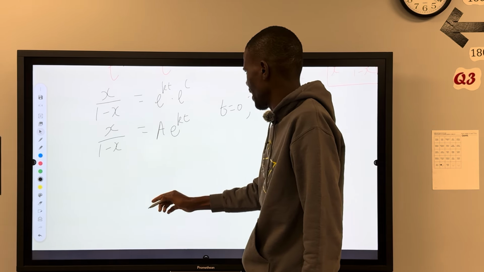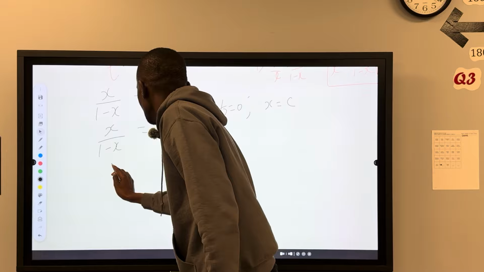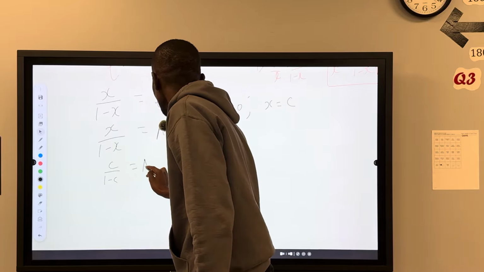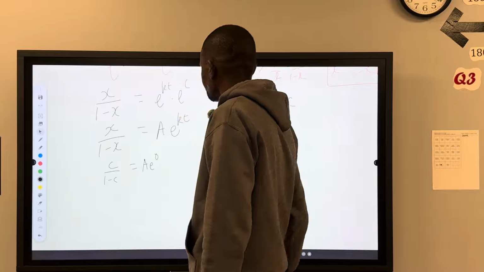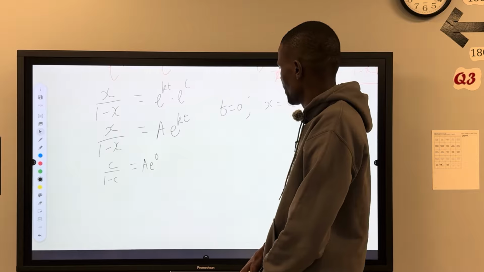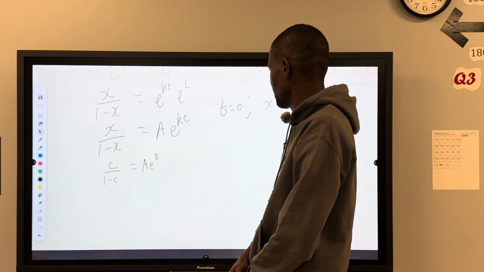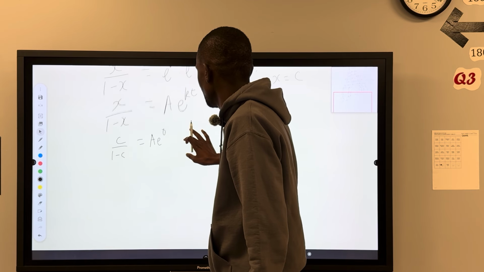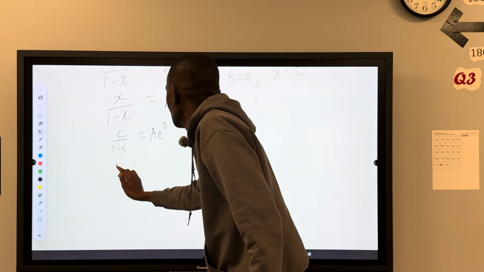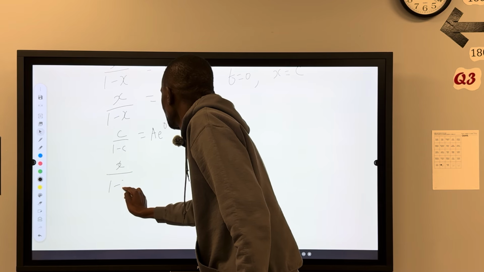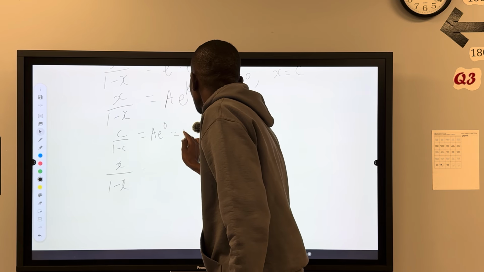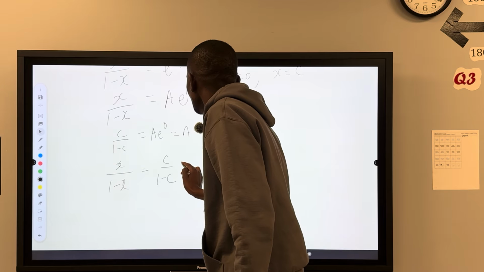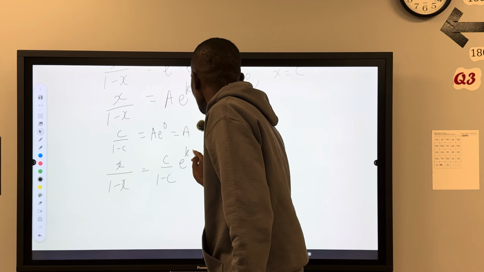So now when I come here, I'm going to get c over 1 minus c is equal to a e to the 0. A e to the 0 is just our constant a. So when our constant a is like that, we are going to have x over 1 minus x equal to c over 1 minus c times e to the kt.